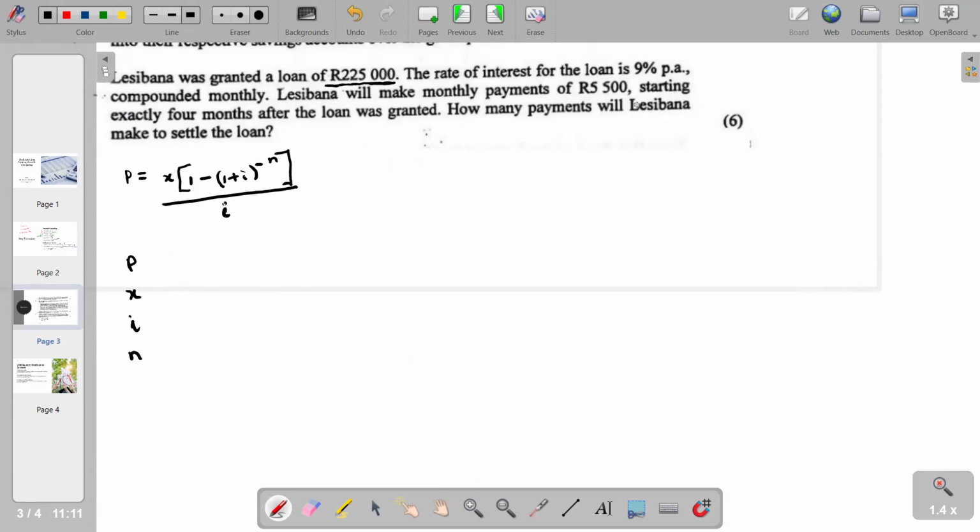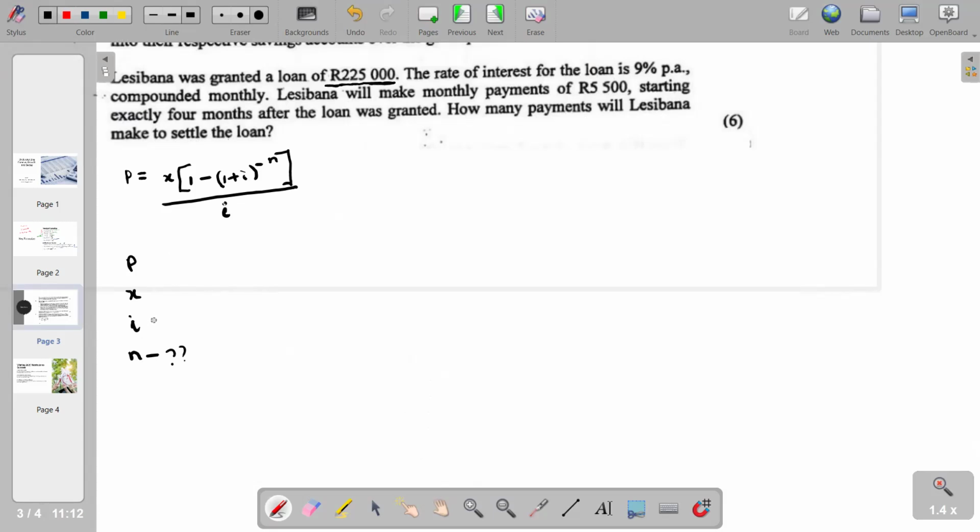The question is asking how many payments. How many payments will Esbana make to settle the loan? So the number of payments N is what is missing.